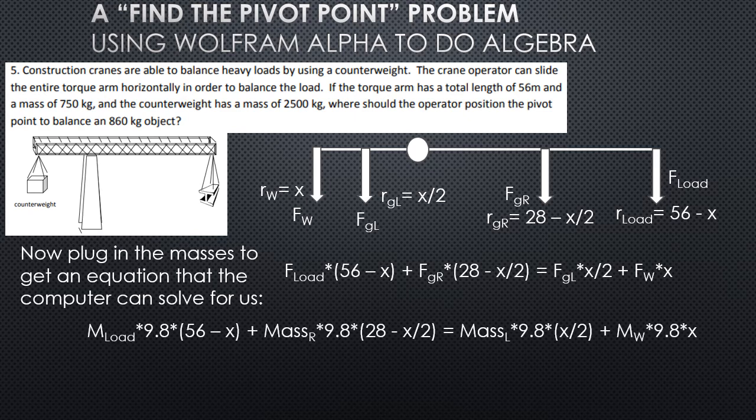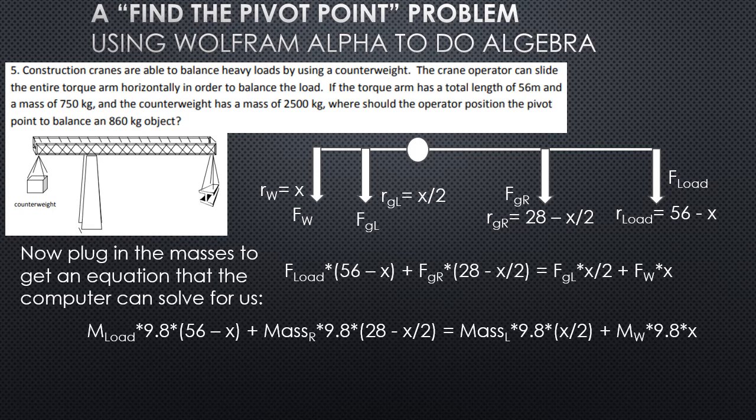There you go. So force load is mass load times gravity. Force gravity on the right side is mass right times gravity. Force gravity on the left side is mass left times gravity. And force of the counterbalance, the counterweight, is mass of the weight times gravity.